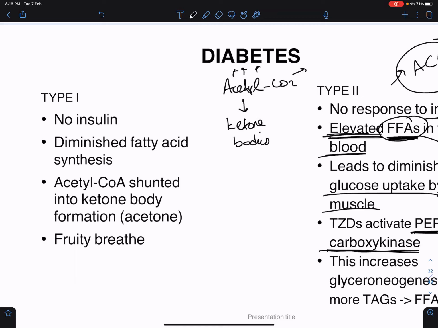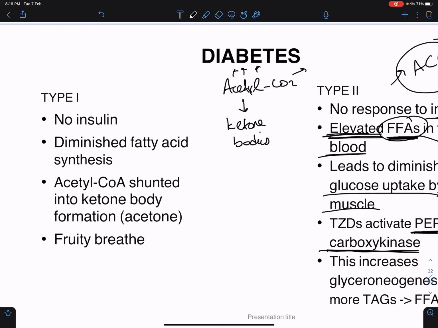Okay. Again, because we're not utilizing the fatty acid synthesis pathway, the acetyl-CoA won't go into it. This pathway is slowed down, closed up. So it gets shunted into a different pathway, because it can't just sit there and accumulate in the body. It has to do something. So it goes into ketone body formation. Now, one of the ketone bodies is acetone.